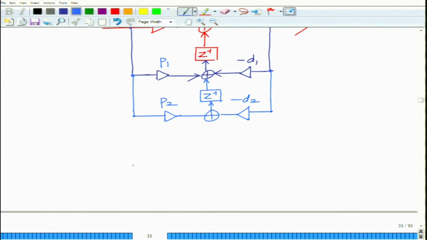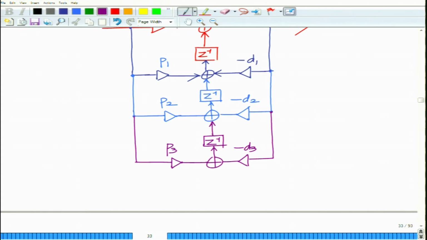And finally, you will have one more, and this gain will be P3 and this gain is minus D3.